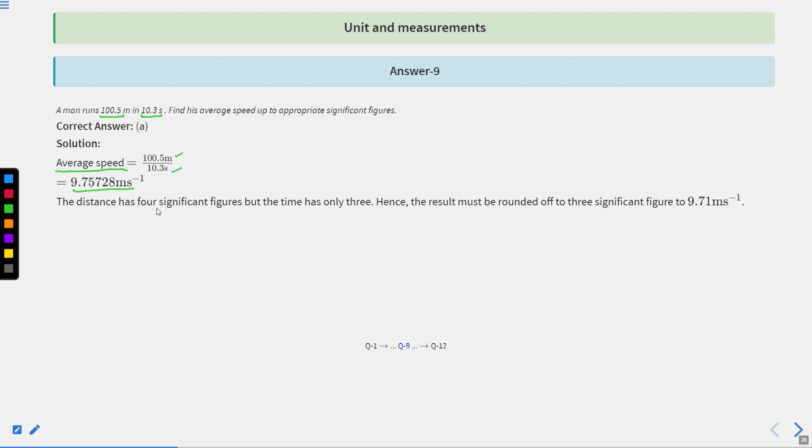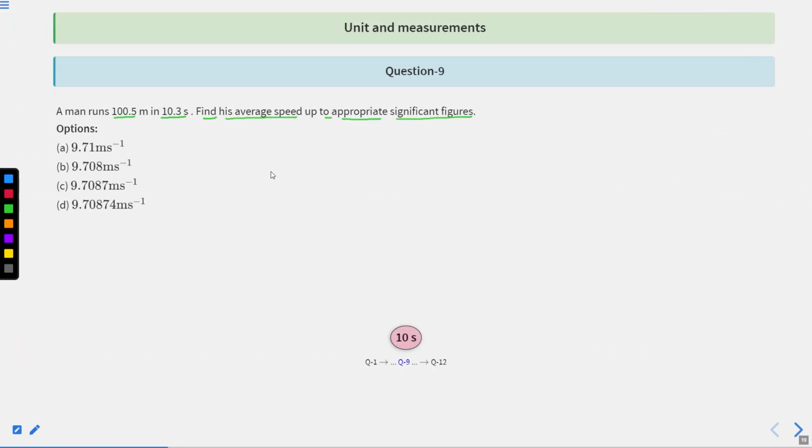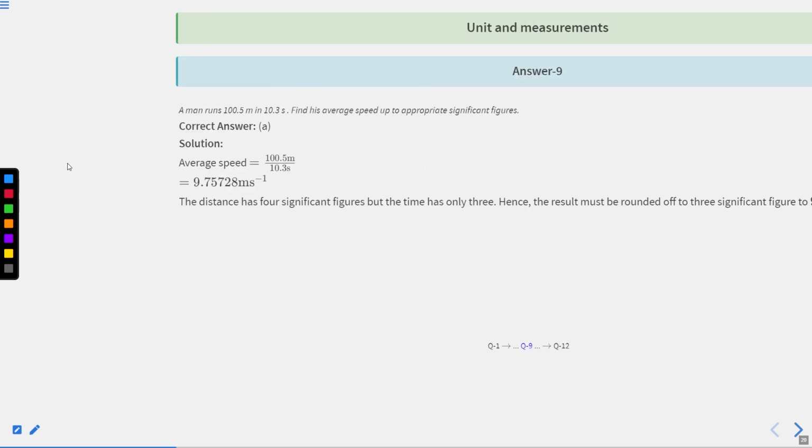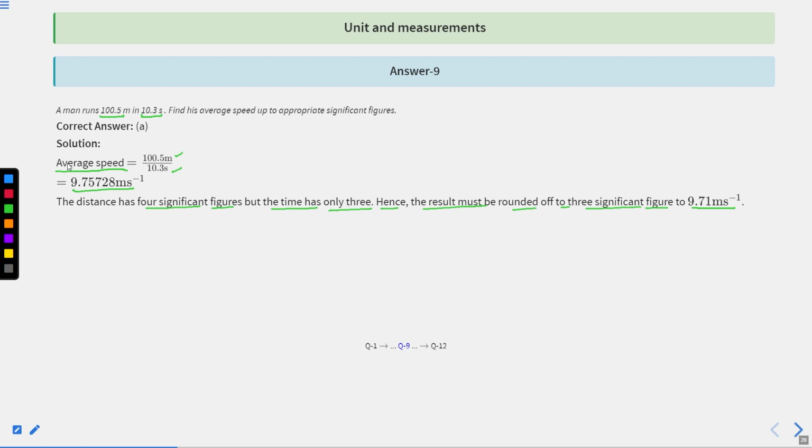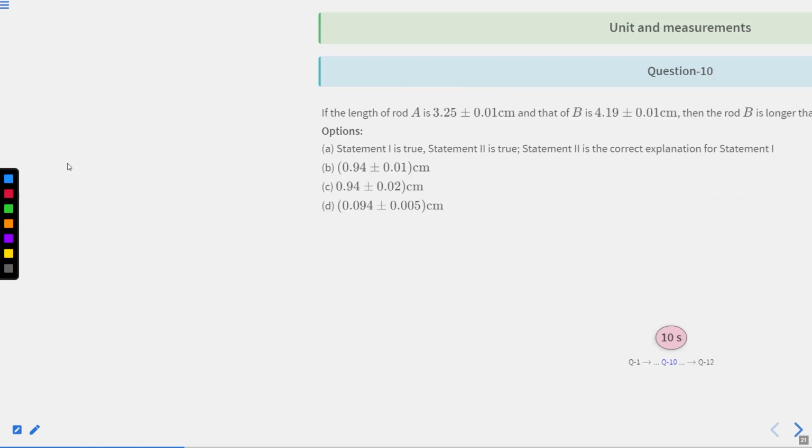The distance has four significant figures, but the time has only three. Hence, the result must be rounded off to three significant figures, to 9.71 meter per second. Clear? The correct answer is A. A is the correct answer.